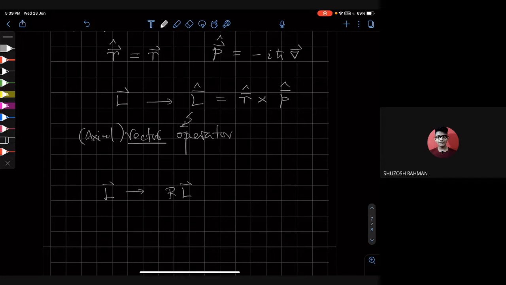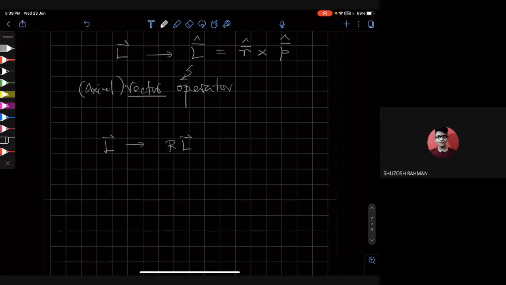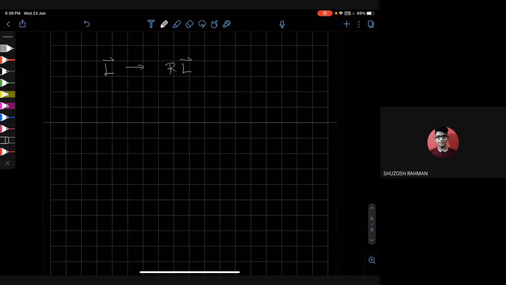Okay, coming back to our axial vector operator, which is angular momentum, we can look at its 3 components, and Lx hat is y hat p hat z minus z hat p hat y.